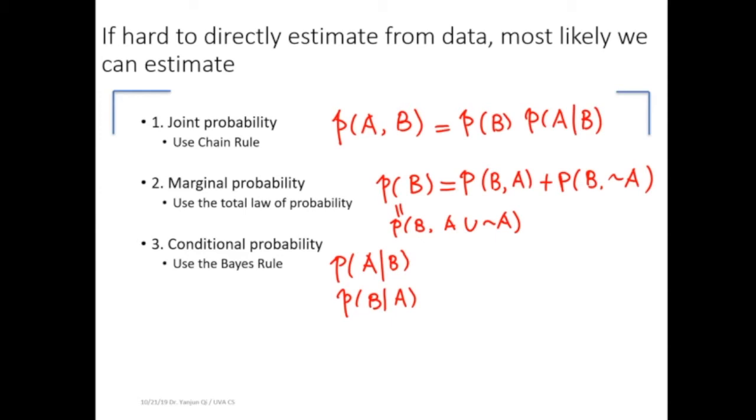Feel free to check out that page, where I did the derivation, and that's the reason you can derive this. Maybe P(B and A) and P(B and not A) are easier to count, so I'm using the total law of probability to estimate the marginal.